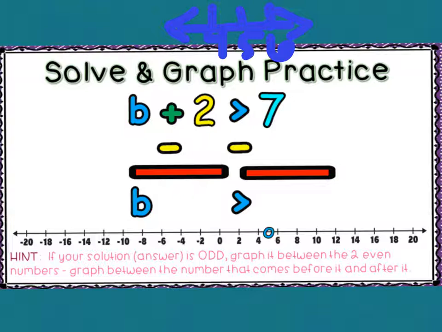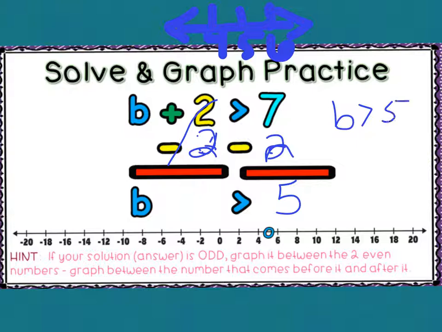So I need to get rid of the 2, so I'm going to minus 2 to both sides. And minus 2 here, so that cancels out. So 7 minus 2 is 5. So B is greater than 5. So it's going to be an open circle on 5, and it's going to be going to the right.